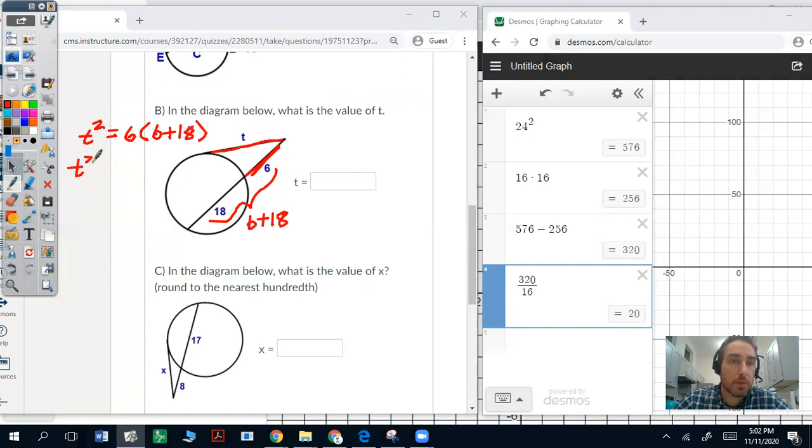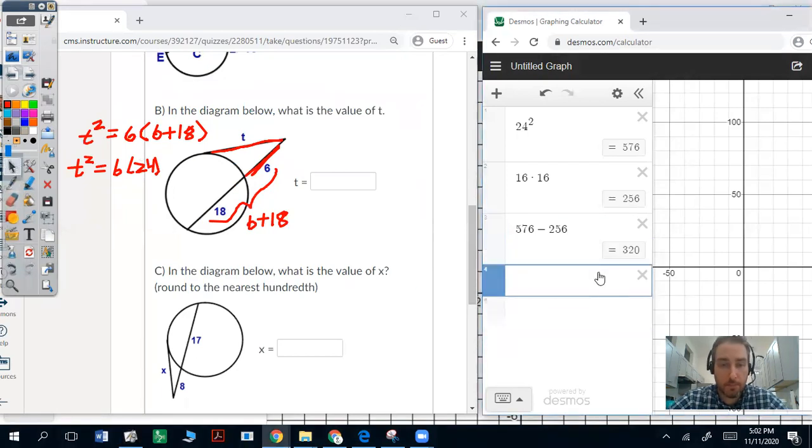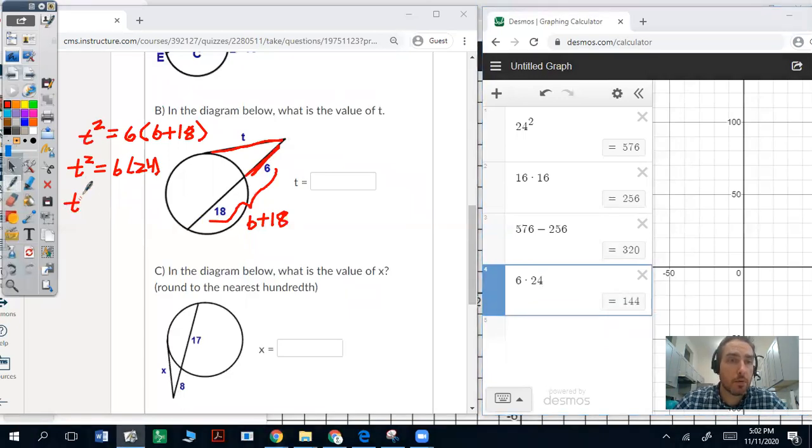So t squared is equal to 6 times 6 plus 18, which is 24. And we'll see what that gets us. 6 times 24 is 144. So tangent squared is 144. And we can square root that.